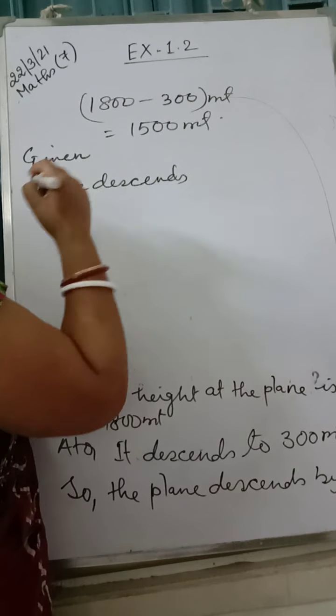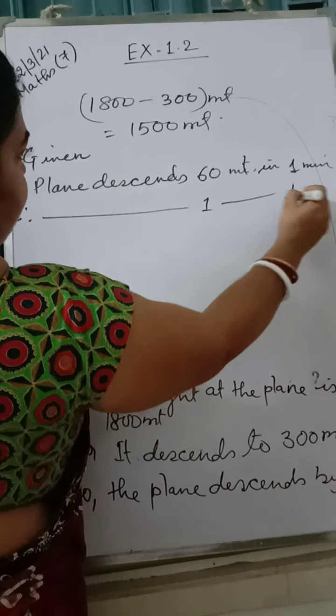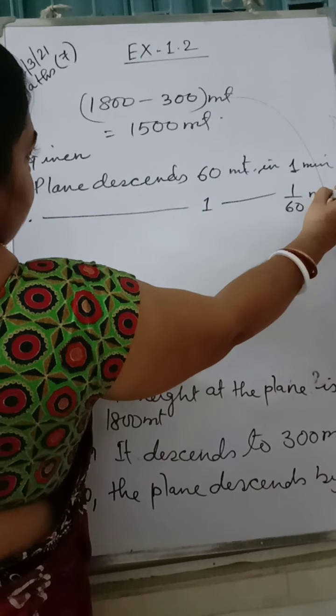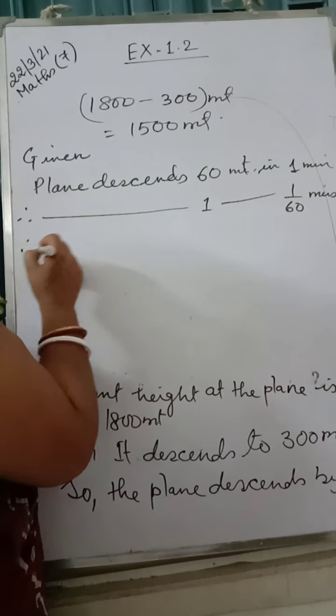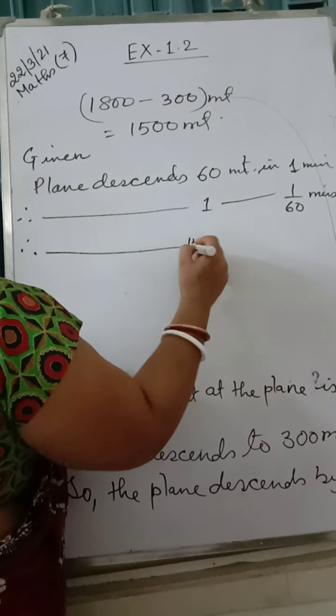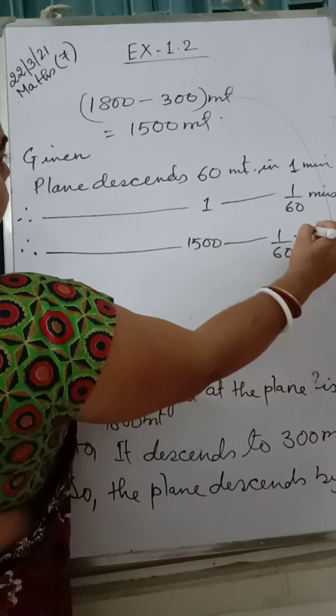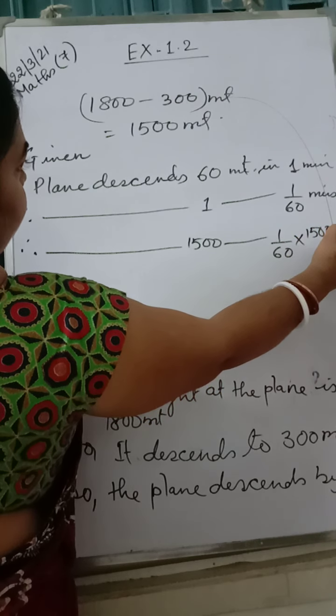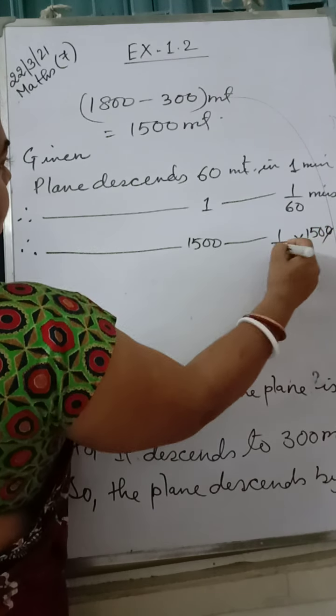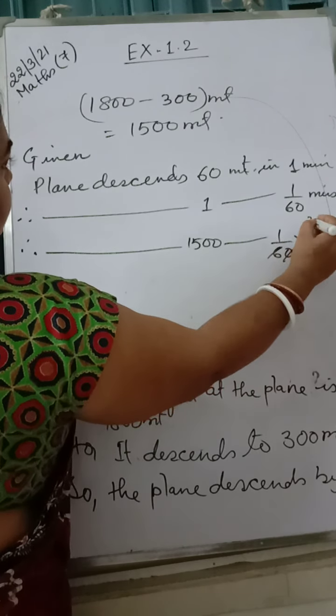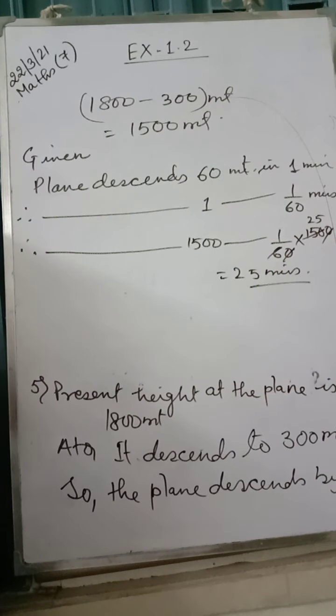So the plane descends 1 meter in 1 by 60 minutes. Therefore, the plane descends 1500 meter in 1 by 60 into 1500 minutes, which is 25 minutes.